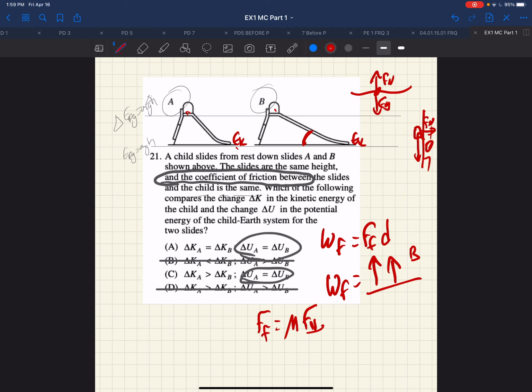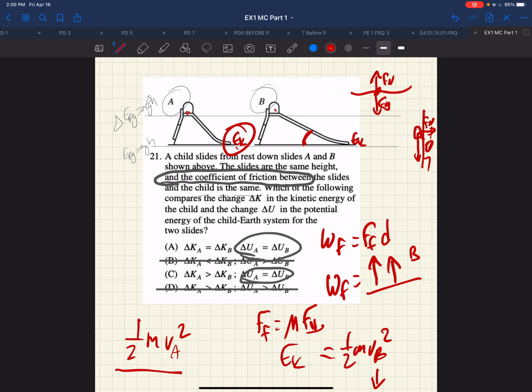So that means that the kinetic energy, if we have 1/2 mv_A squared and 1/2 mv_B squared, what we know is that the kinetic energy will be less, which means the velocity will be less, making the kinetic energy less because the masses are the same. So that's why choice C is the correct answer.